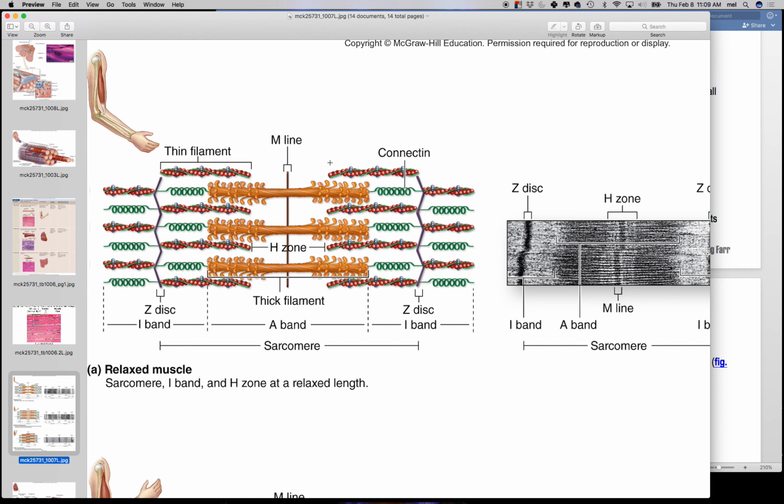So let's just get the major players because the major players will allow us to understand both why muscle is striped and also how it contracts. Okay? So now we're going to do the red ones that are extending from the Z-lines. Those are going to be important. Okay? So those guys are going to go from the Z-lines toward the center.